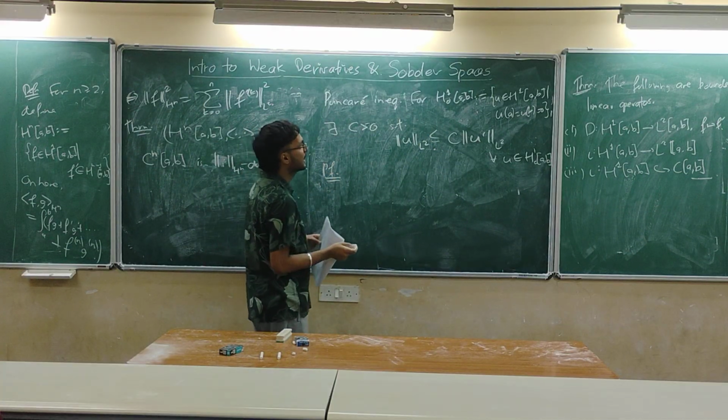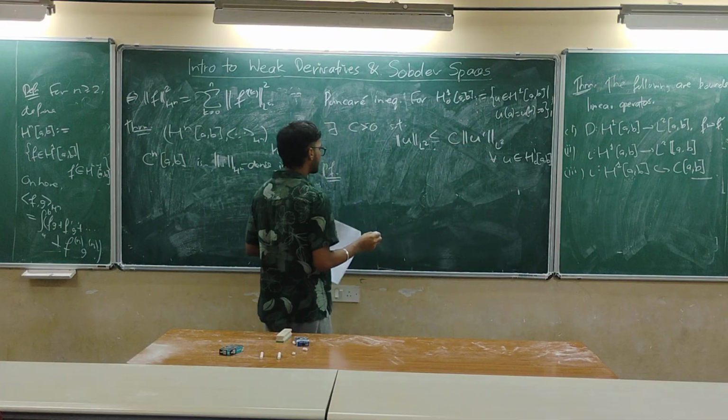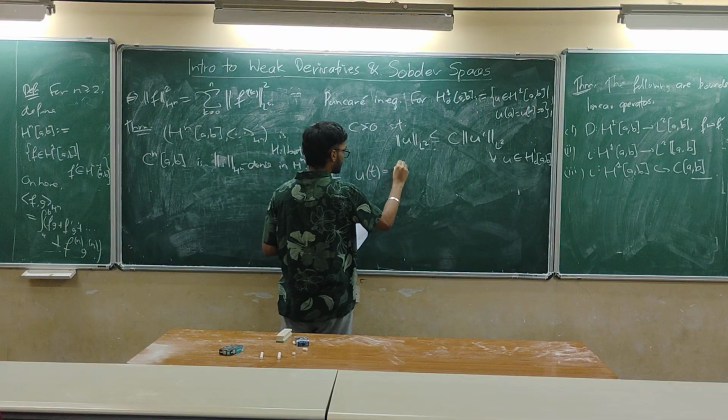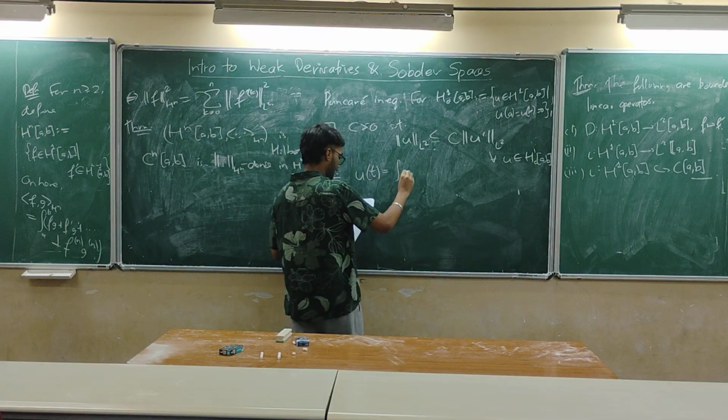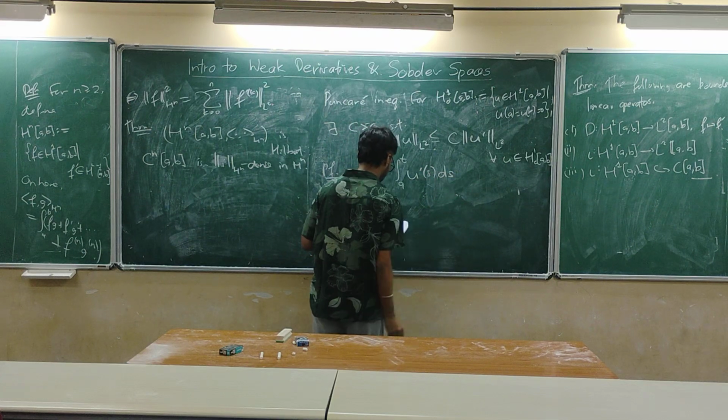Proof: since u is in H01 and u of a is 0, by the fundamental theorem of calculus, u of t can be written exactly as the integral from a to t of u prime s ds.